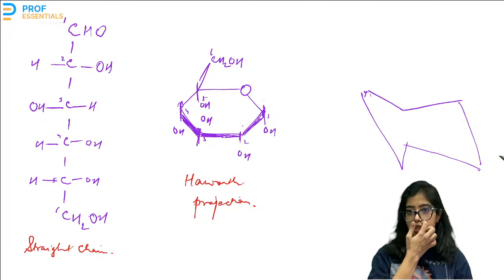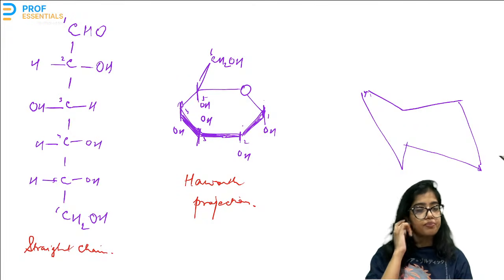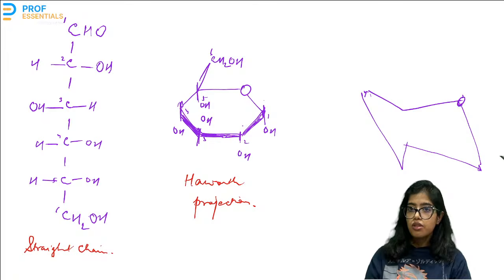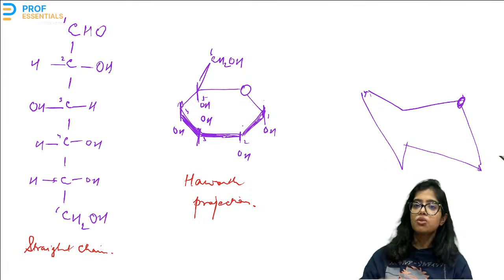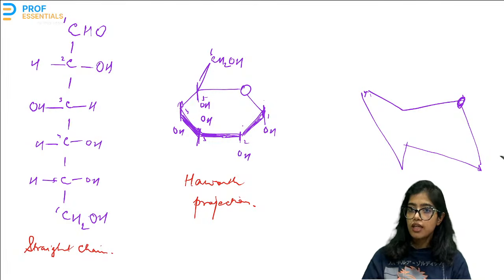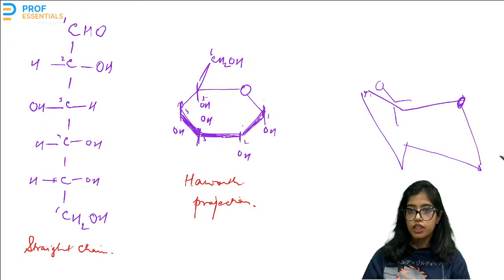Got it? So this is the chair projection. So this is like a chair. Here you draw this also. So this will be O. So this same cyclical structure, you have kind of twisted it to resemble a chair. You can assume someone sitting like this over here. So this is the chair projection.